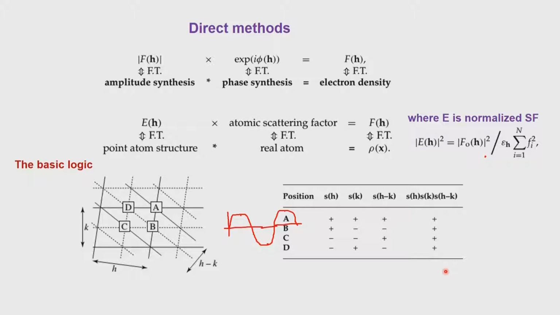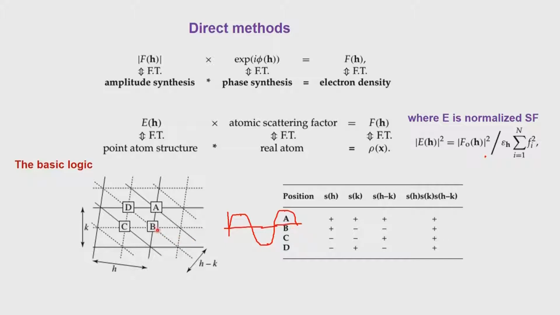So we now take three strong, highest E values. These E values are defined in such a way that we have 4 points A, B, C, D, which are electron density rich, and these three planes intersect such that they pass through these electron dense regions. So whenever they pass through the crest, we call them positive, and whenever they pass through the dotted lines or the troughs, we call it negative.